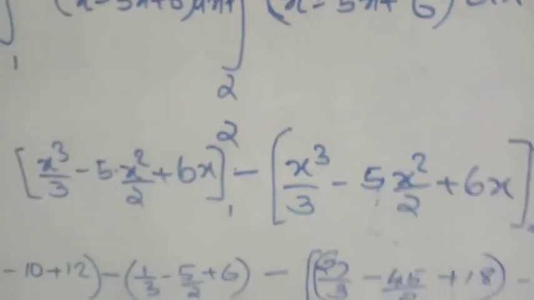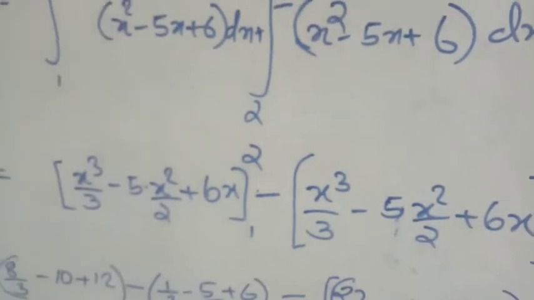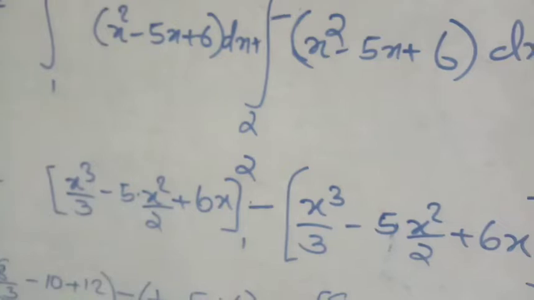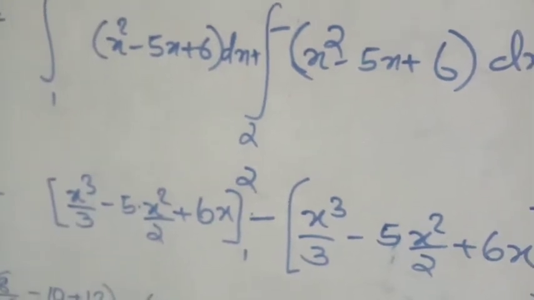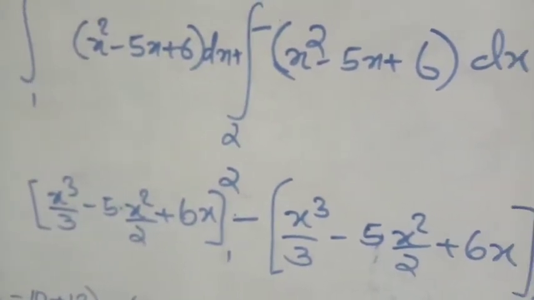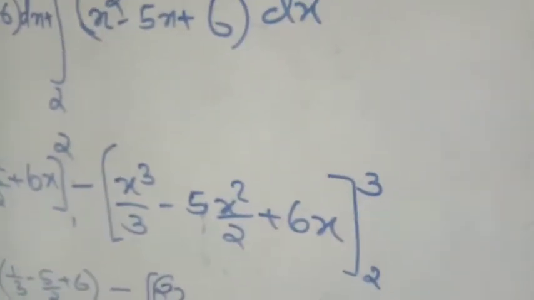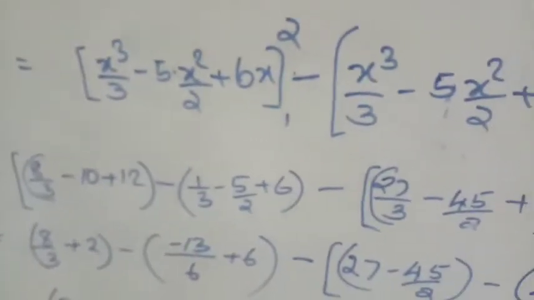And the remaining portion of that problem is very simple because you can easily integrate it. Integral of x square is x cube by 3, 5 into x square by 2 plus 6x within the limit 1 to 2, minus the same integral within the limit 2 to 3. Put the limits and substitute the values.